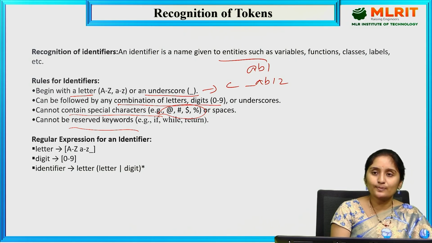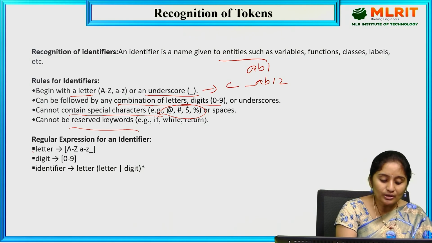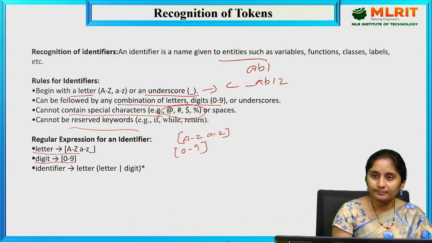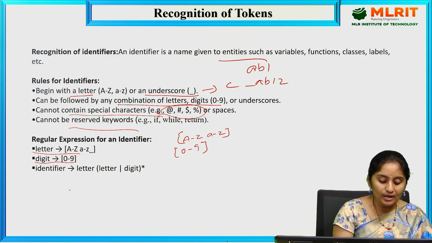So how can we write the regular expression for an identifier? The letters can be either small a to z or capital A to Z, a combination of capital and small letters, and the digits should be 0 to 9. So how can we identify the identifier?